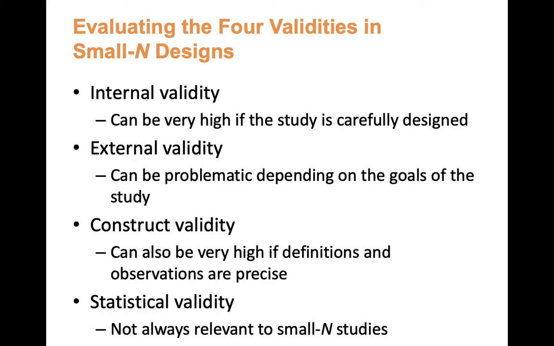And it's true that researchers can take steps to try to maximize external validity. So for instance, findings can be triangulated by combining the results of several single n studies or small n studies with studies of other animals or other groups.